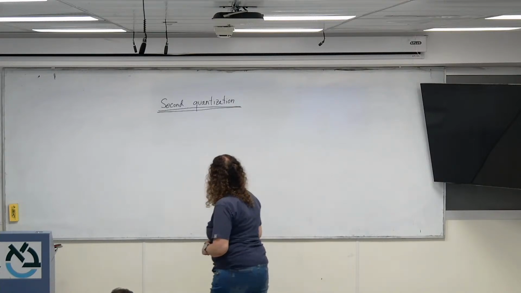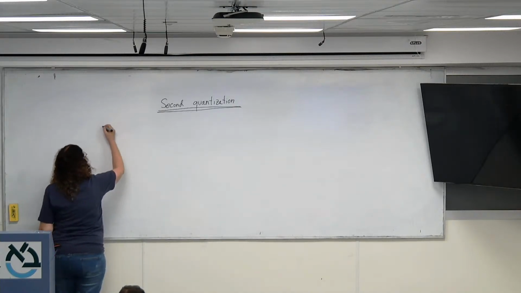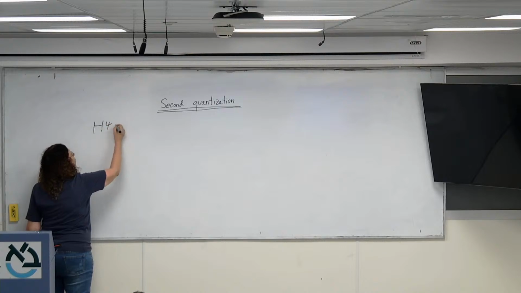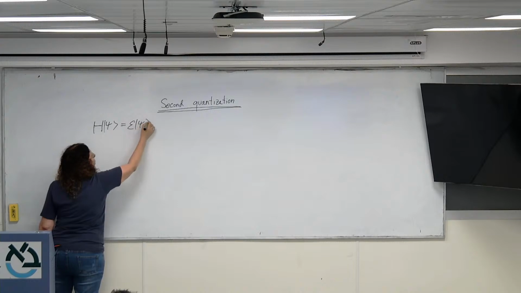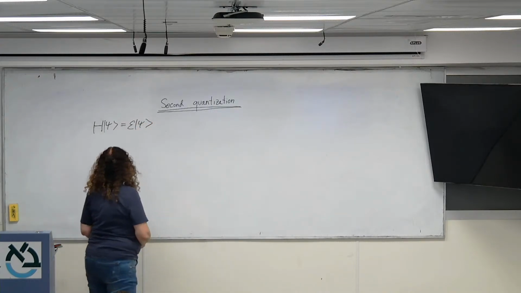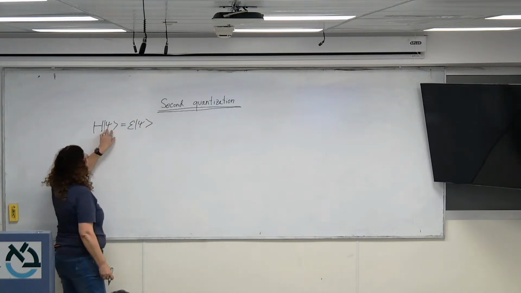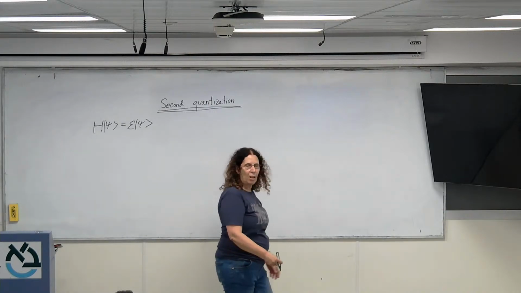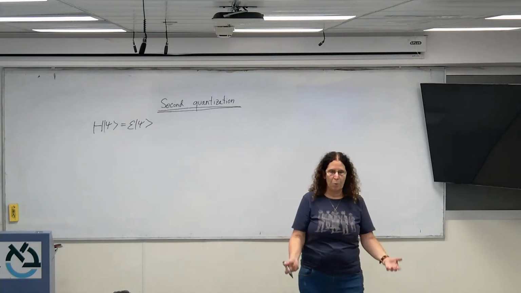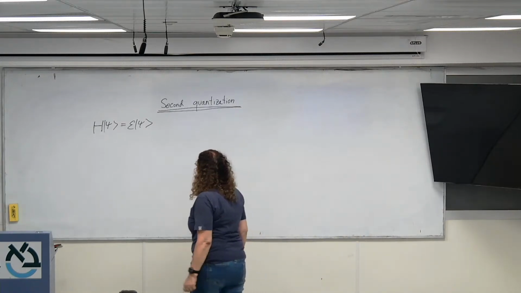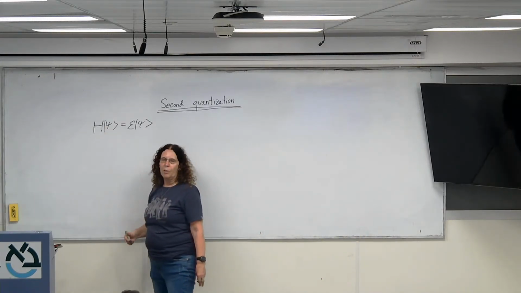So let me remind you, first of all, the problem we want to solve in any quantum problem is essentially a Schrödinger equation. But now, what is this state or this wave function? It can represent a single particle, as most of the problems that you're familiar with from undergraduate, or it can represent a state with many particles.